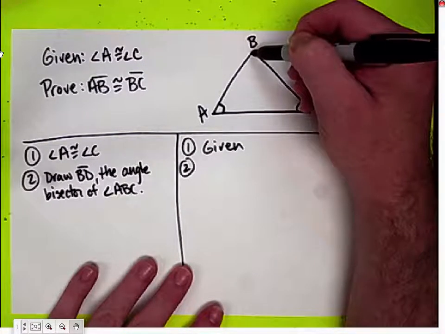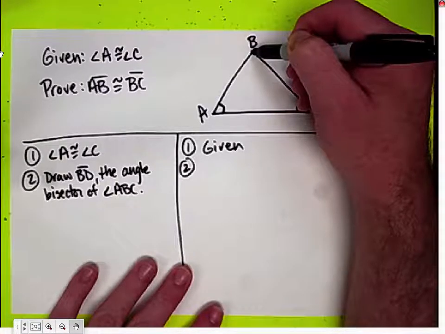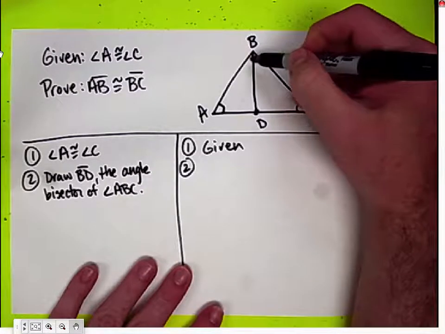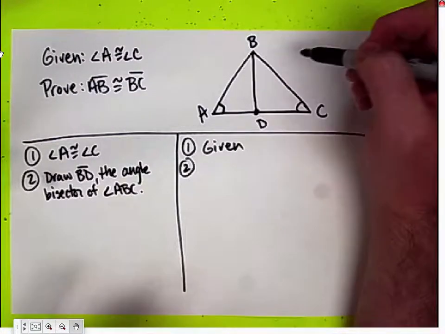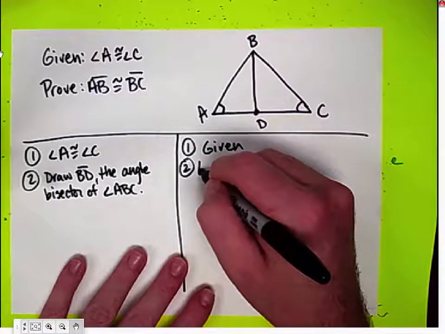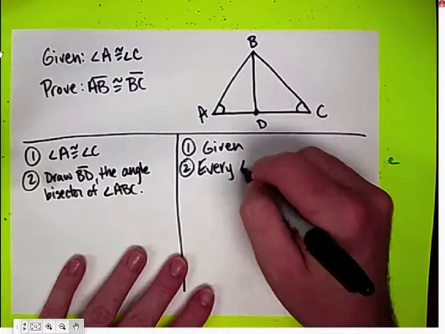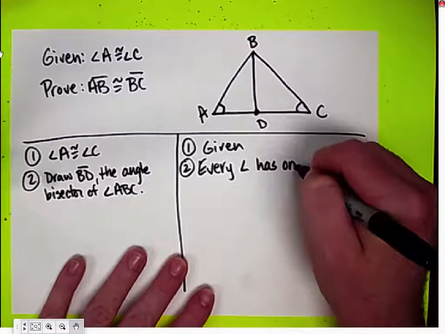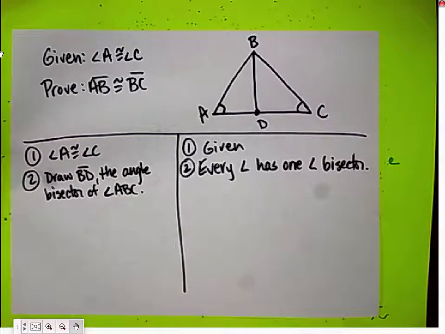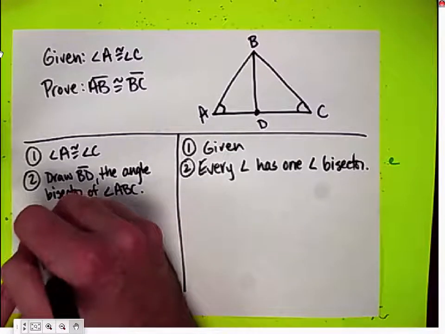So what am I saying? I want us to draw a line here, call it BD, that cuts this angle in half. And the reason is every angle has one angle bisector, just like before, we said that every segment only has one midpoint. So what do we know if we know that is the angle bisector?